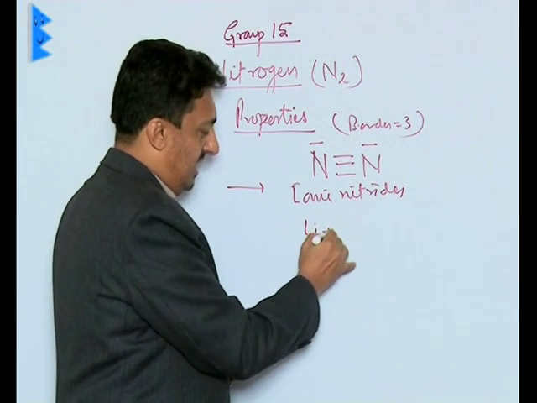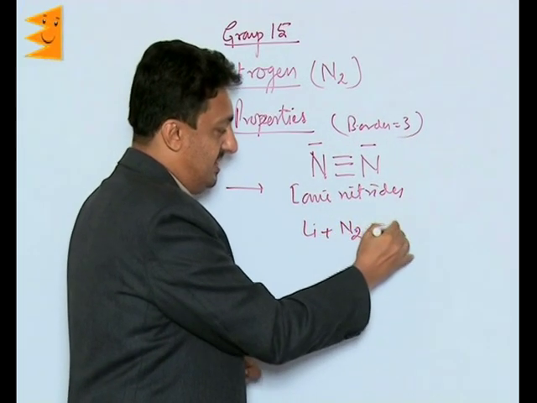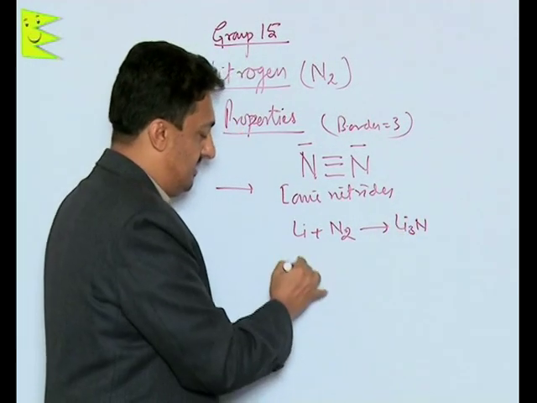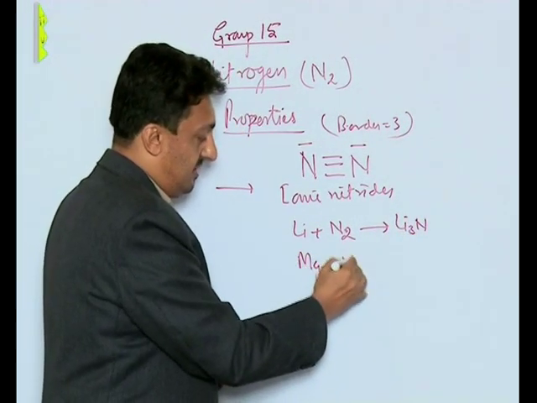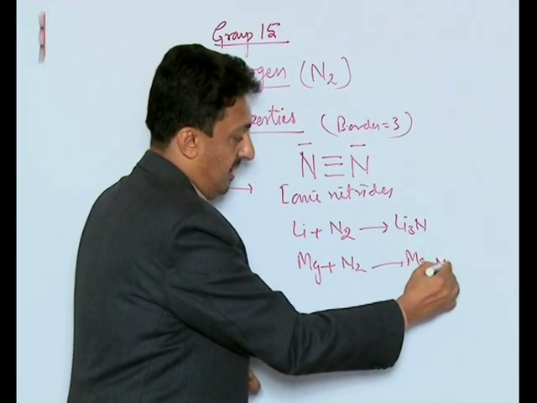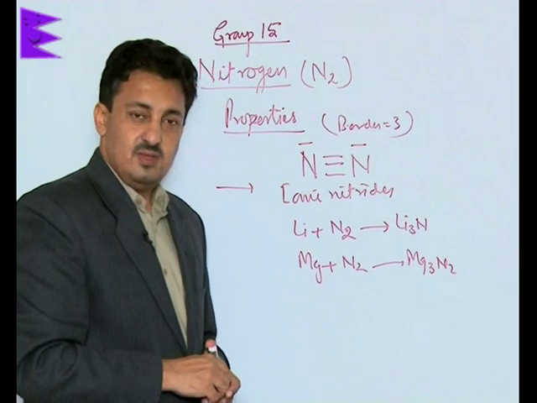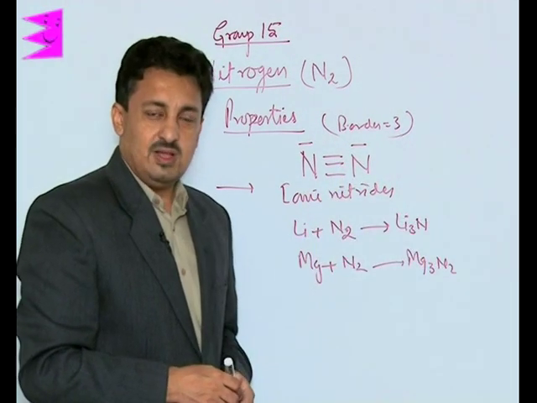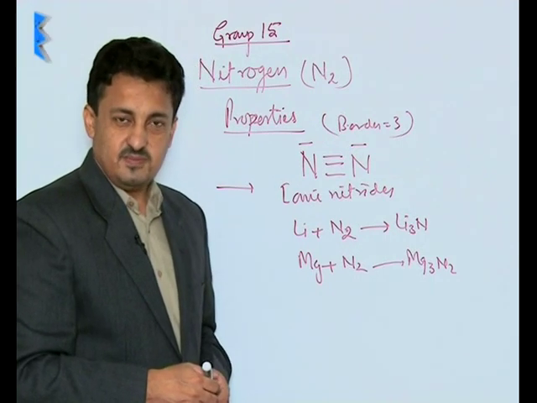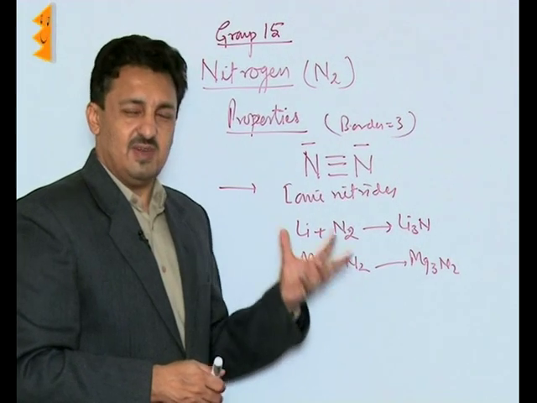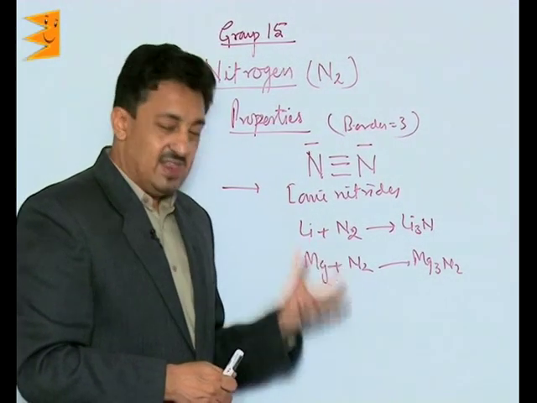For example, it reacts with lithium and forms lithium nitride. It reacts with magnesium and forms magnesium nitride. All of these, when treated with water, give an ammoniacal smell as ammonia is formed. So its basic property is that it reacts with very few elements because only very reactive metals can react with it.